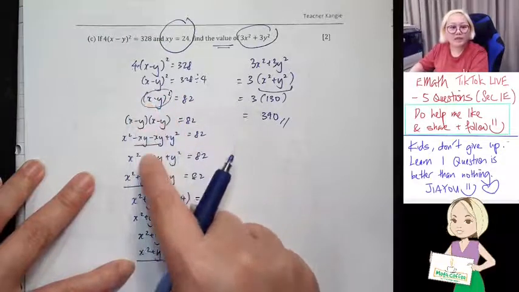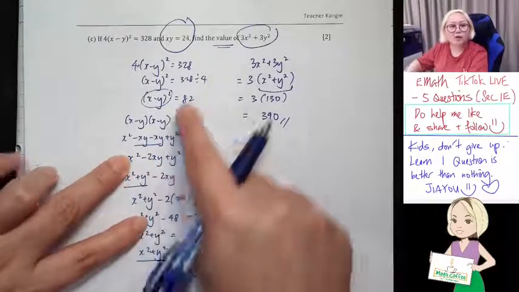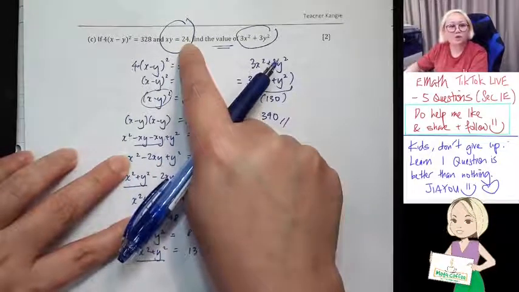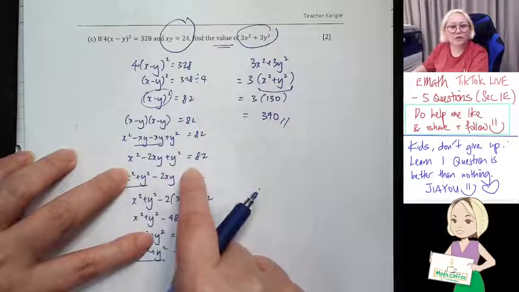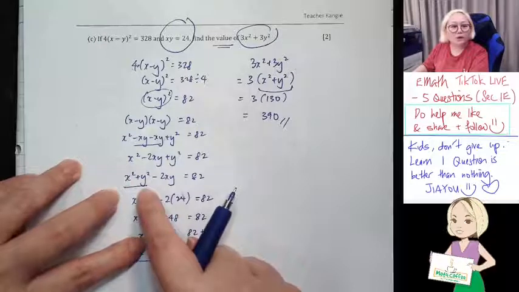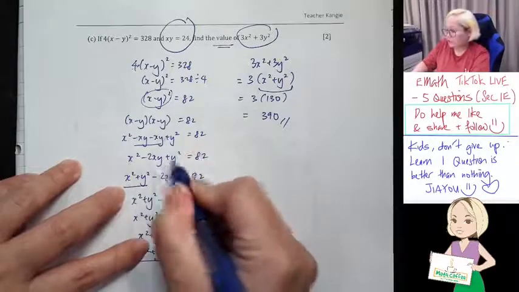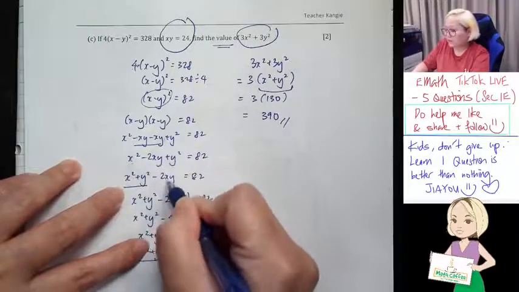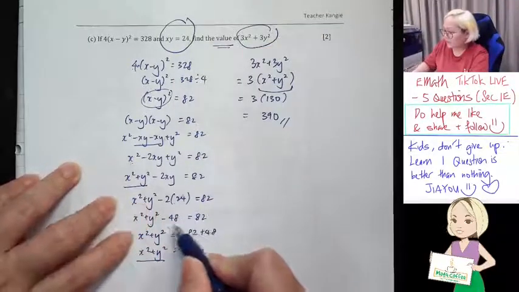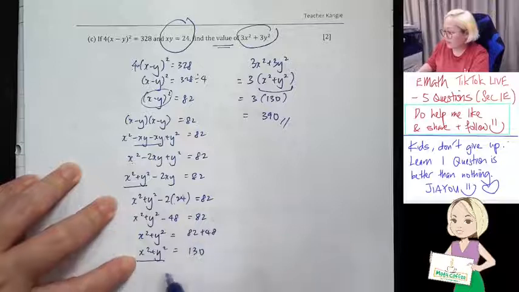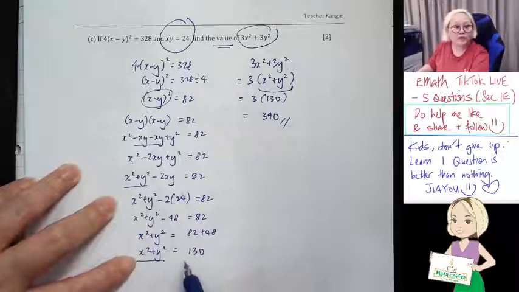So I expand, and I'm going to make use of the question giving me xy equals 24. So it will be x squared minus 2xy plus y squared equals 82. For x squared plus y squared, I just shift this in front, then minus 2xy. So replace the xy with 24 here. I get minus 48, bring it over. I get x squared plus y squared is 130.